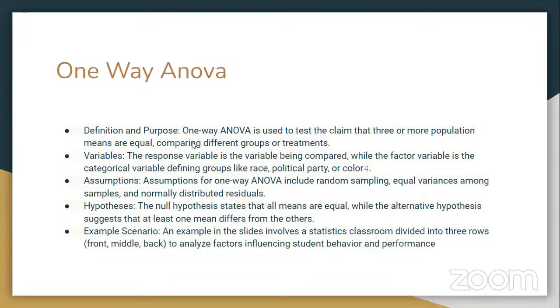Assumptions of one-way ANOVA include random sampling, equal variance among samples, and normally distributed residuals. Hypothesis in one-way ANOVA: the null hypothesis states that all means are equal, while the alternative hypothesis suggests that at least one mean differs from the others. Example: a classroom divided in three rows, front, middle, and back, to analyze factors influencing student behavior and performance.